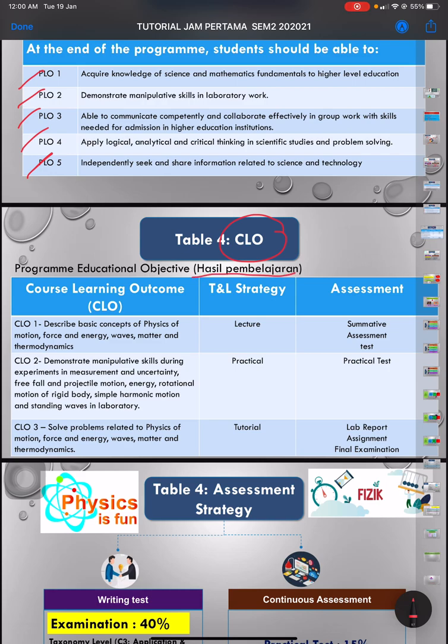CLO1 we use in lecture, CLO2 and CLO3 mostly in the tutorial class and practical class. The assessment that we cover for CLO1 is summative assessment test, UPS. CLO2 is about practical test, and CLO3 is lab report, experiment and final exam.